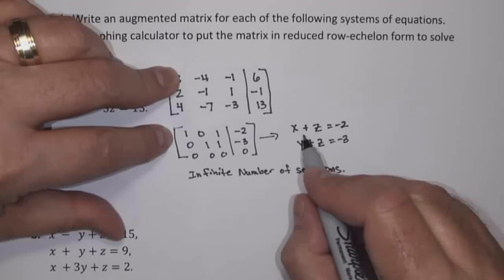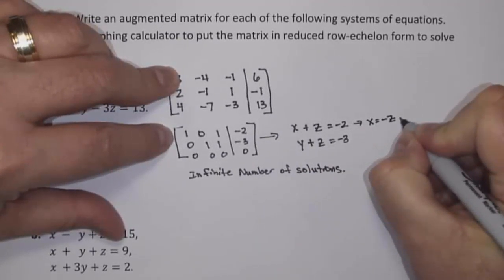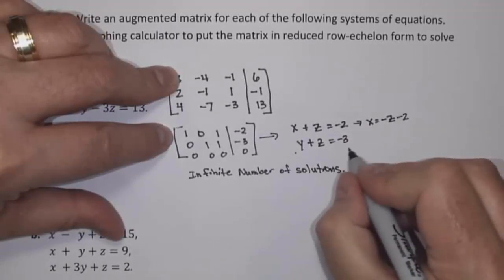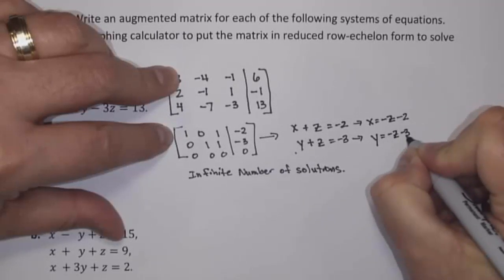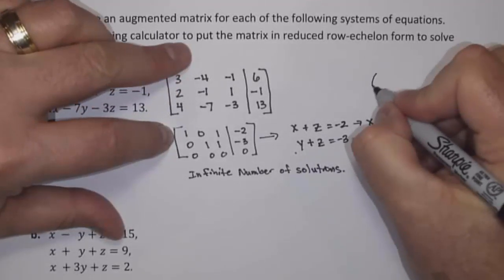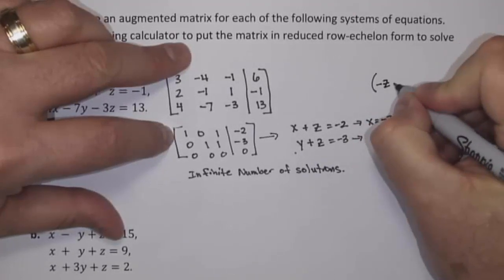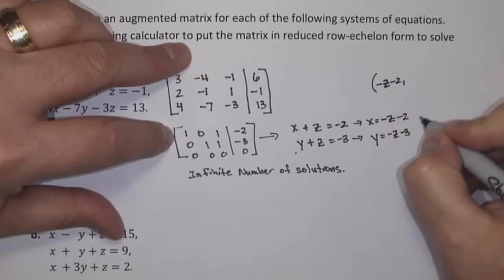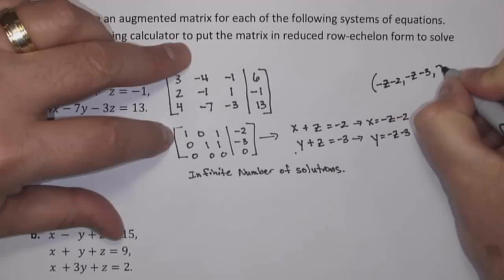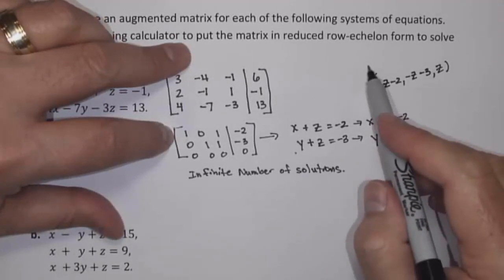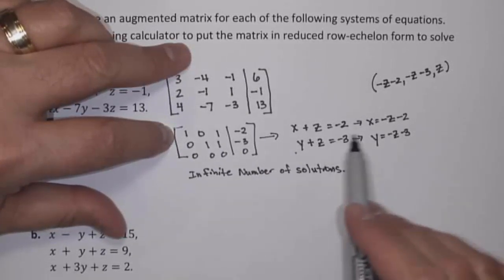If I solve for x, I get x equals negative z minus 2. And if I solve the second equation for y, I get y equals negative z minus 3. So for whatever value z is, x is going to be negative of that, minus 2, and y is going to be the negative of that, minus 3. And then z. So this is a way of writing the solution to this dependent system.